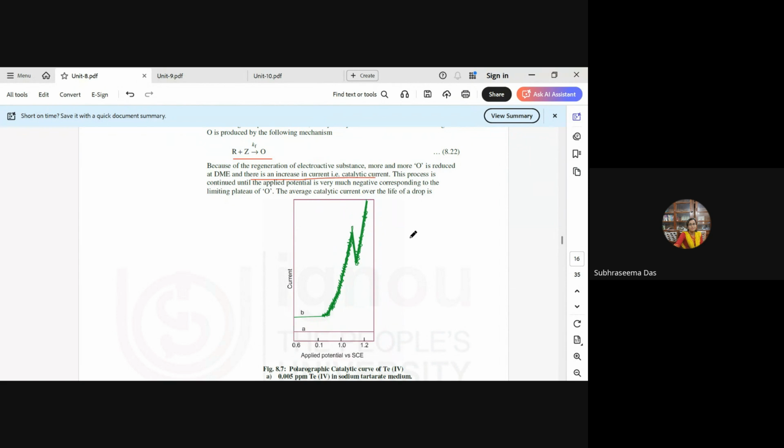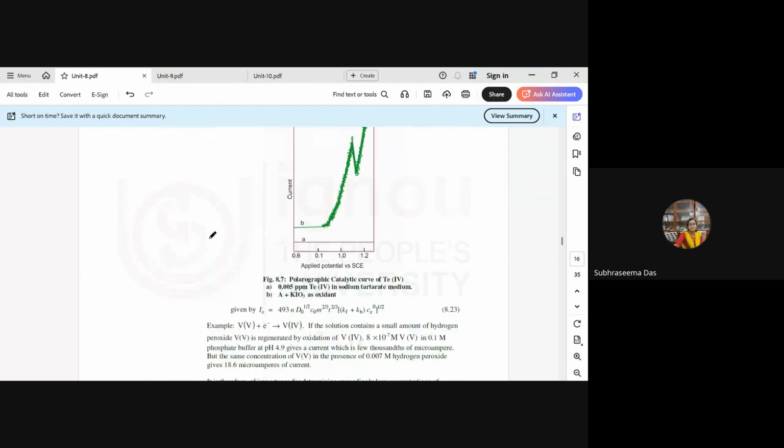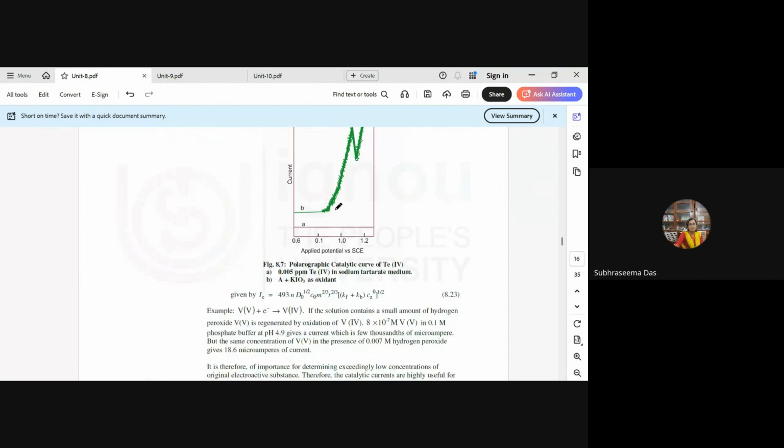This process continues until the applied potential is very negative, corresponding to the limiting plateau of O.